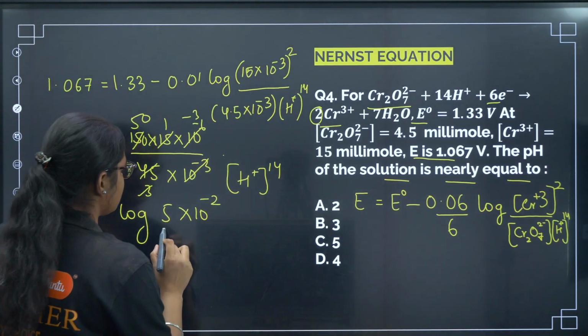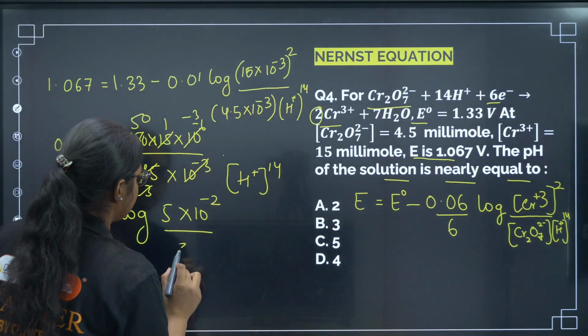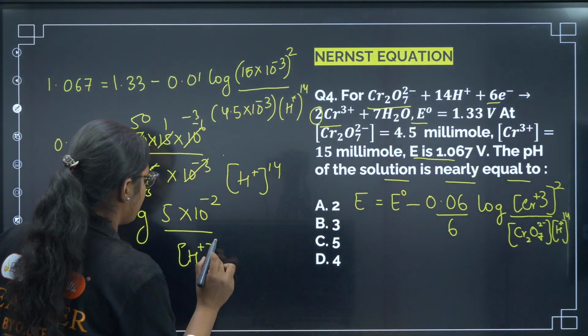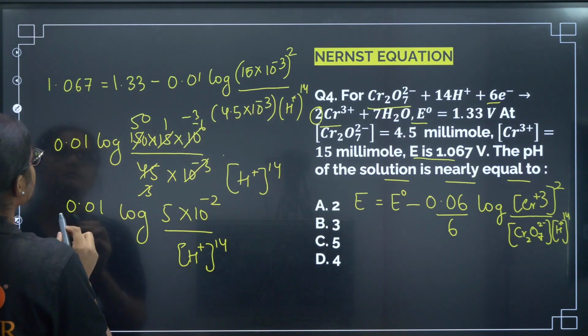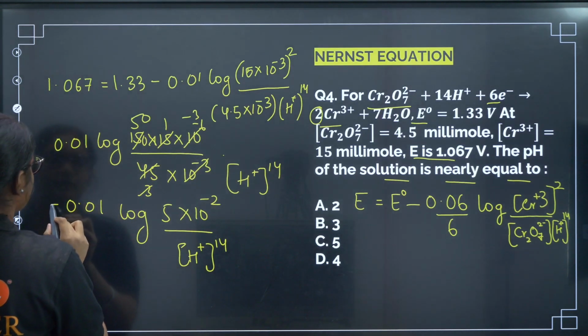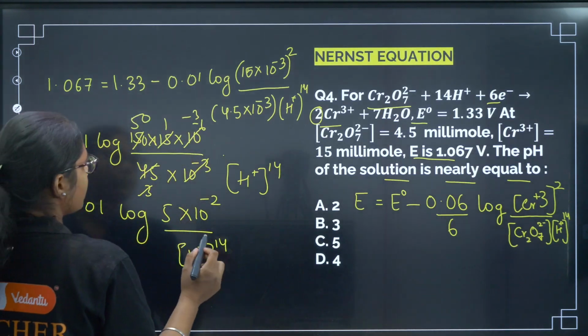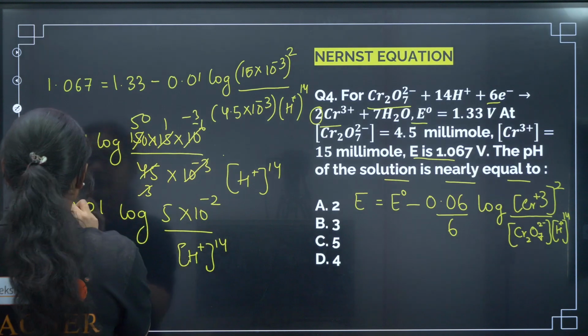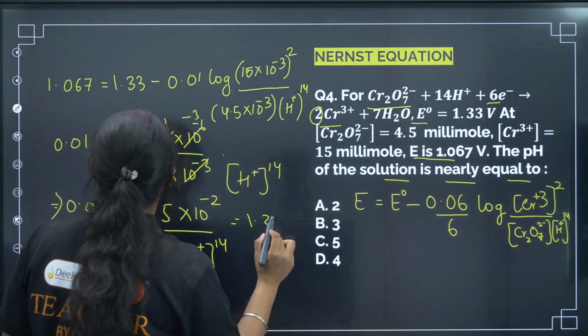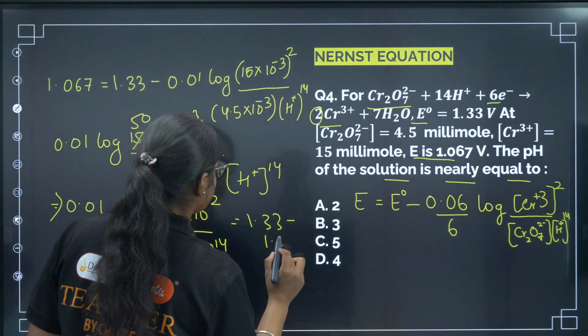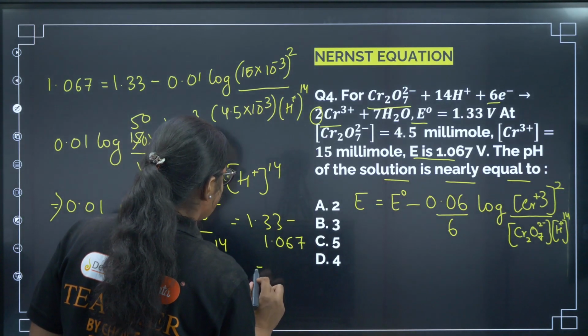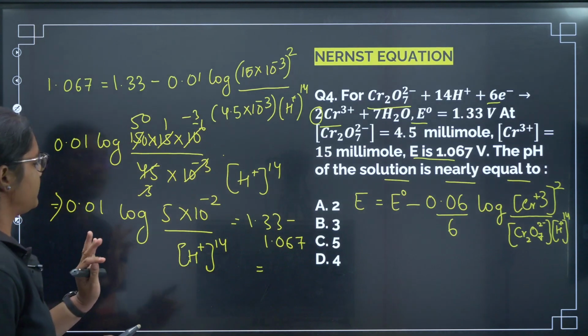Then we have divided by H plus to the power of 14. This whole part will be equal to, we can just subtract this from 1.33. So what I have on this side, 1.33 minus 1.067, okay? So now you can solve this equation, okay?